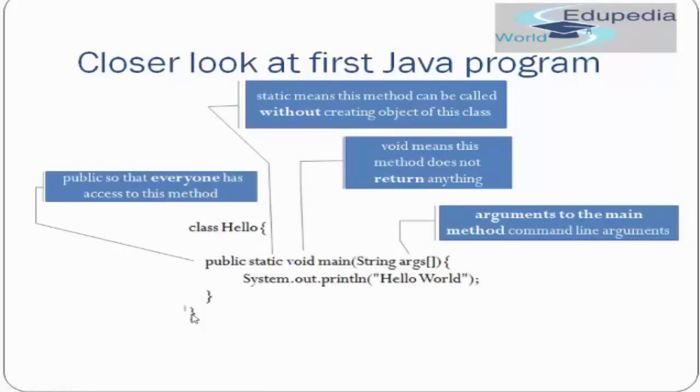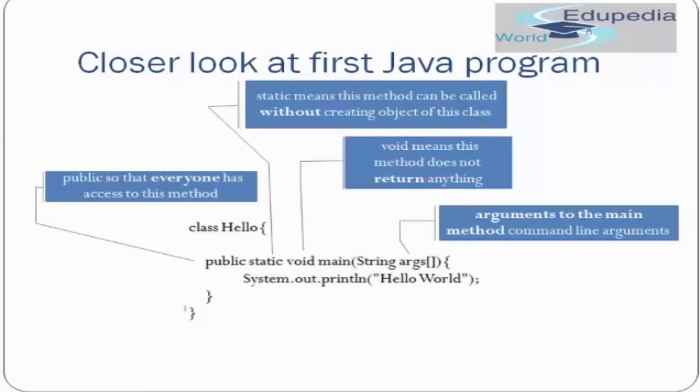Once we have created our class hello, we can write any code in it. Over here we have written a main function. In languages like C and C++, you must have written a main function. Similarly, in Java, we have a main function.